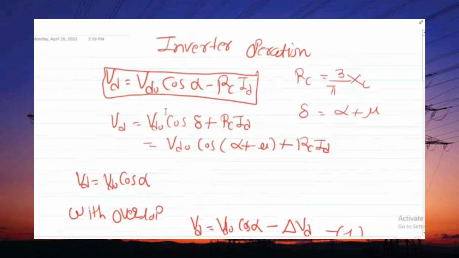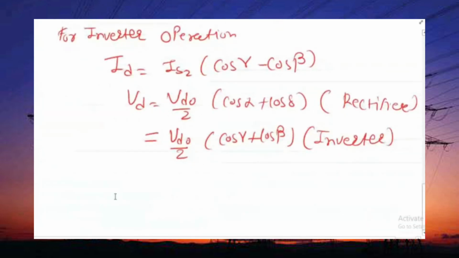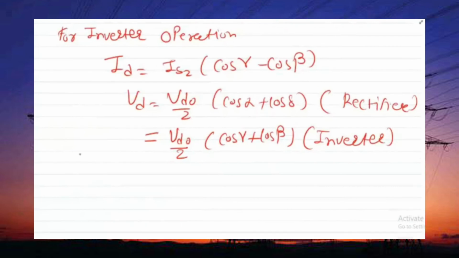And in this equation, Vd is equal to Vdo cos alpha minus RcId, put the value of cos alpha is equal to minus cos beta. And in this equation, Vd is equal to Vdo cos delta plus RcId, put cos delta is equal to minus cos gamma. So these two equations now become Vd is equal to Vdo cos beta plus RcId.